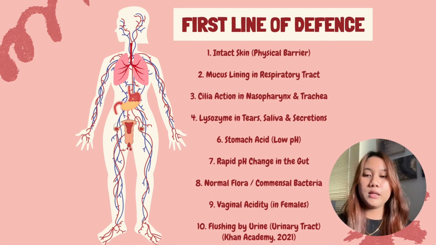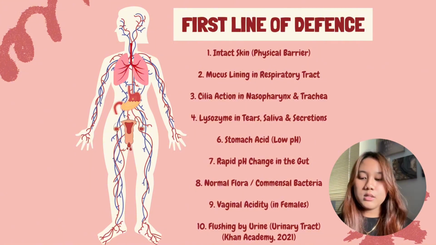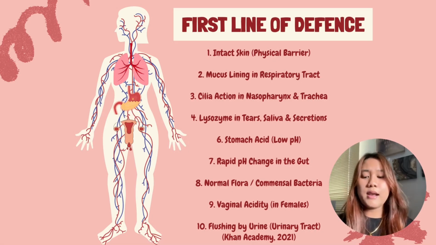The fourth one, lysozyme in tears, saliva, and secretions. Lysozyme is an enzyme that breaks down bacterial cell walls, killing many bacteria. Tears and saliva also wash away microbes, reducing the chance of infection.